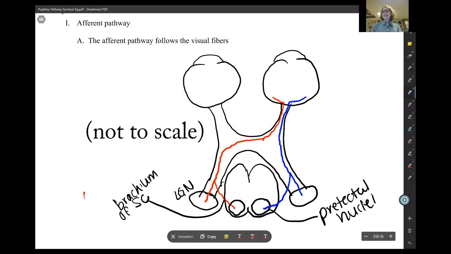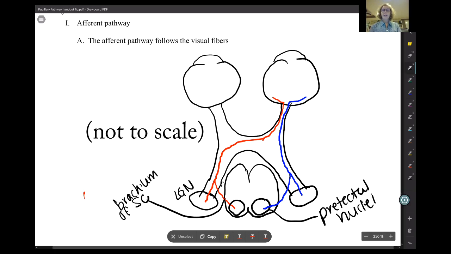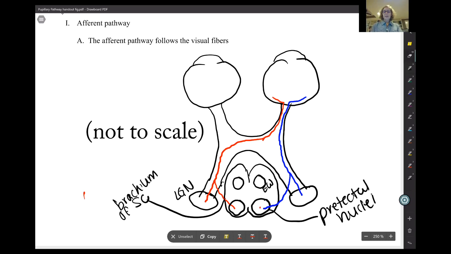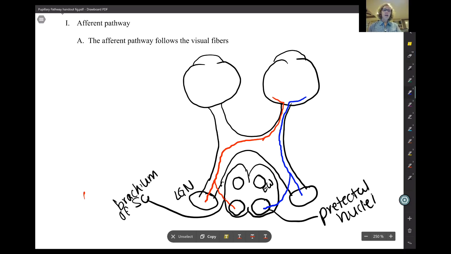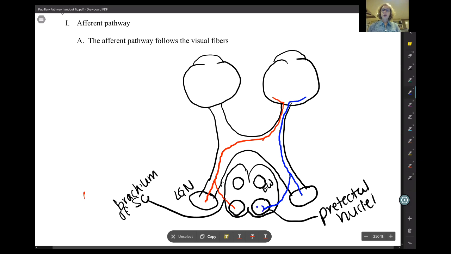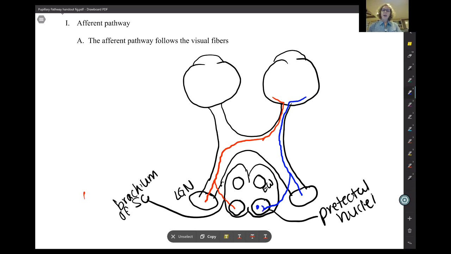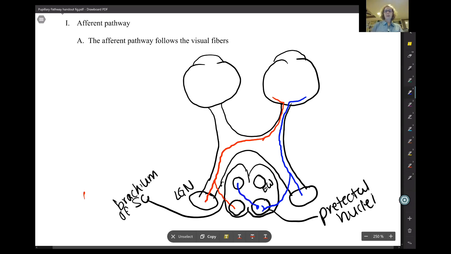We also have a central pathway, and that's the pathway between the pretectal nuclei and the Edinger-Westphal preganglionic cells. So what happens with the central pathway is that about half of our fibers start at the pretectal nuclei and go to the opposite Edinger-Westphal area.